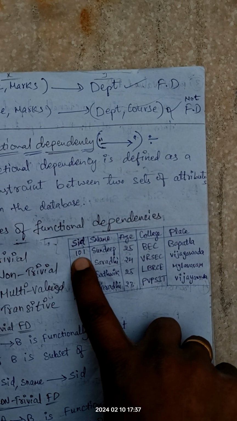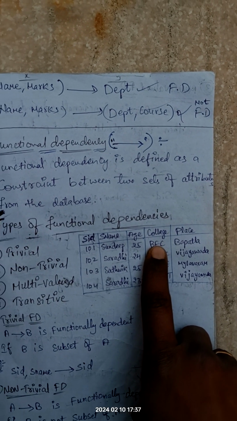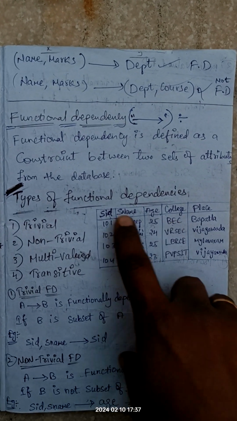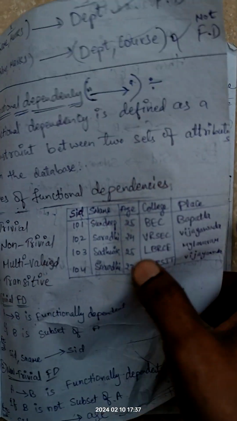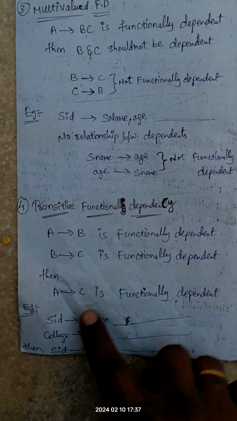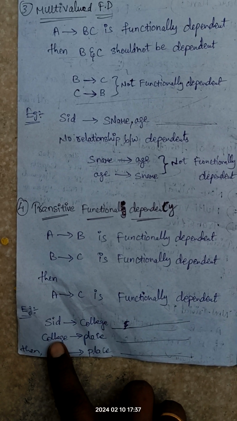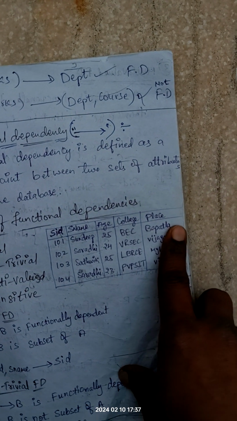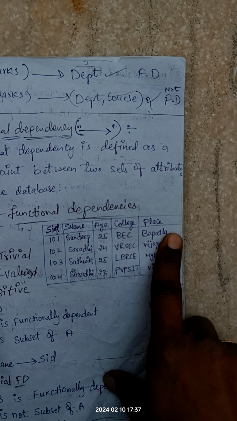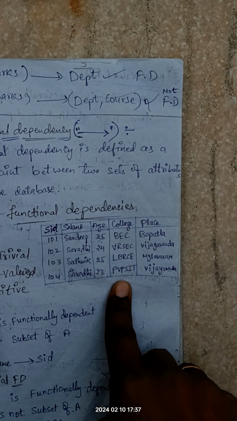Why are we saying this? Because we have all different x values, and student ID tends to college is completed. Then we have to consider college tends to place. College tends to place is functionally dependent because we have all different x values.